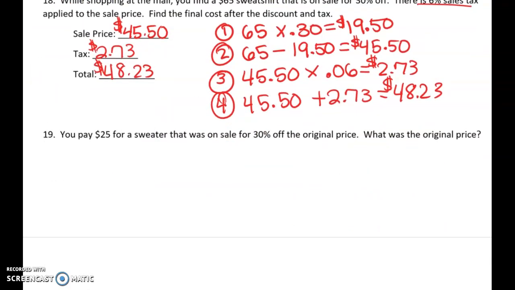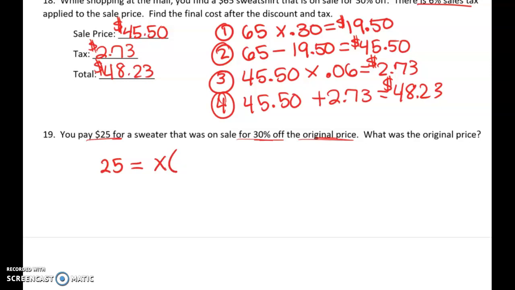All right, so the last one says you pay $25 for a sweater that was on sale for 30% off the original. What is the original? So this is where we're saying, okay, we already found out that we're paying $25. Okay, so the original cost was some value that we don't know, and then we took 30% off.